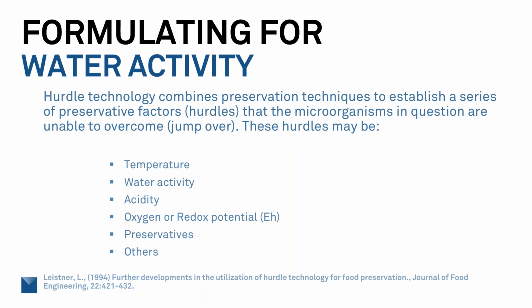And the thing about this is that these factors can be combined to have their effects be additive. So they can be added together, and that will make the environment where the microbes won't be able to grow. So this is pretty powerful stuff because you can combine things to reduce that microbe's ability to overcome those hurdles.